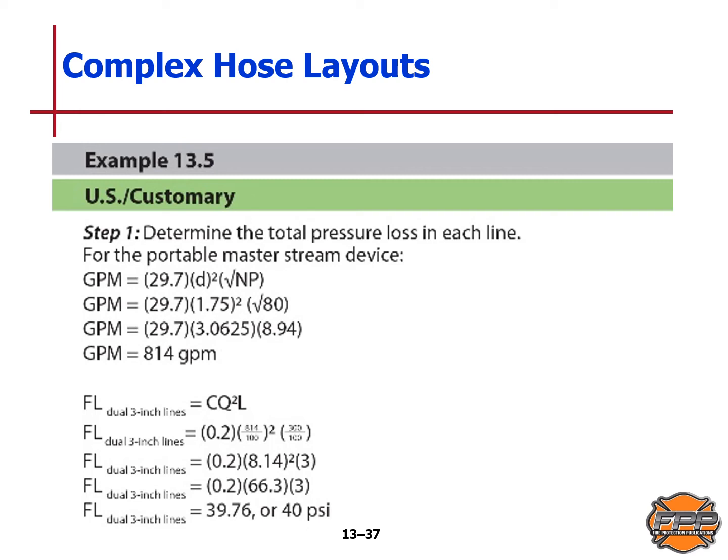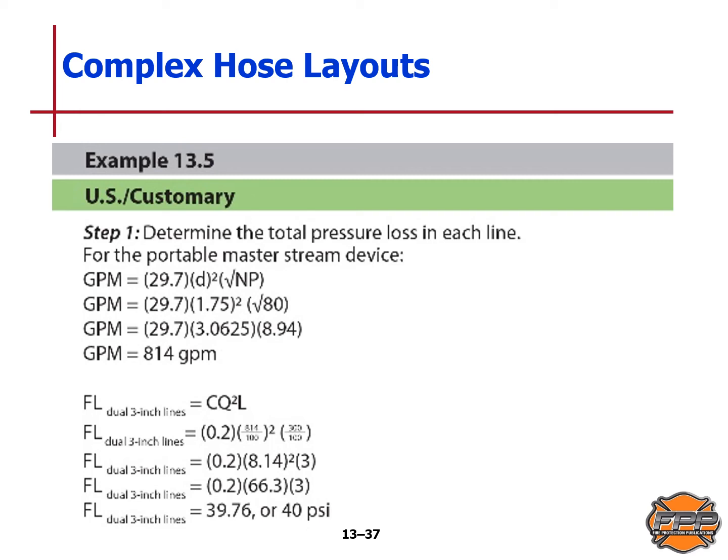Now, if you want to look at friction loss for dual 3-inch lines, use the same familiar formula. Friction loss equals CQ squared L. You're just looking for dual 3-inch lines. So the friction loss for dual 3-inch lines is 0.2 times 8.14 squared times 300 divided by 100, or times 3.